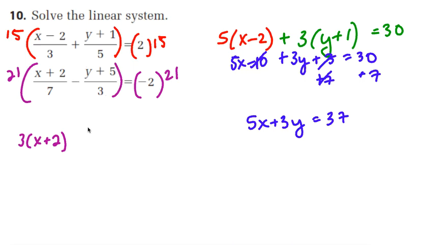And when I'm looking at the second one, I have a minus. 21 divided by 3 is 7. That's going to be times the whole quantity, y plus 5. Okay, and then I'm going to simplify.